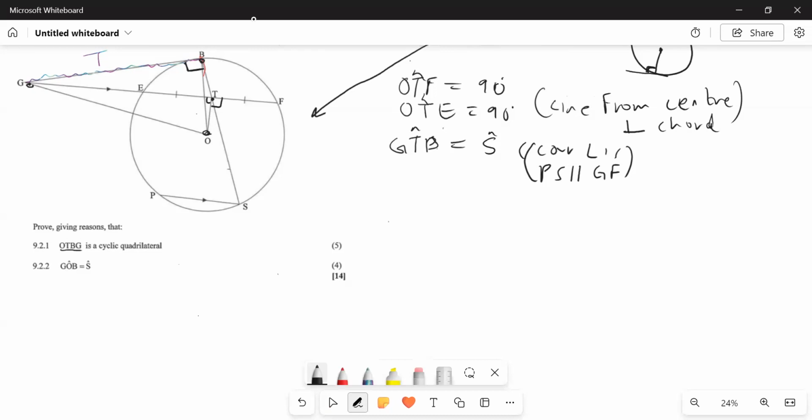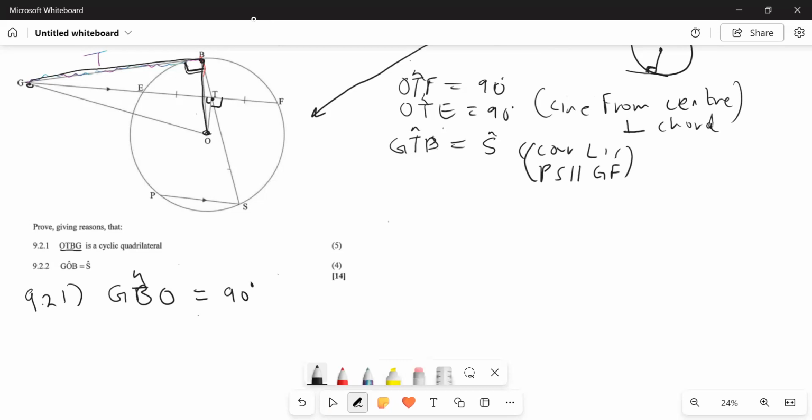We need to say GBO is equal to 90 degrees. Here's the 90 there, right?